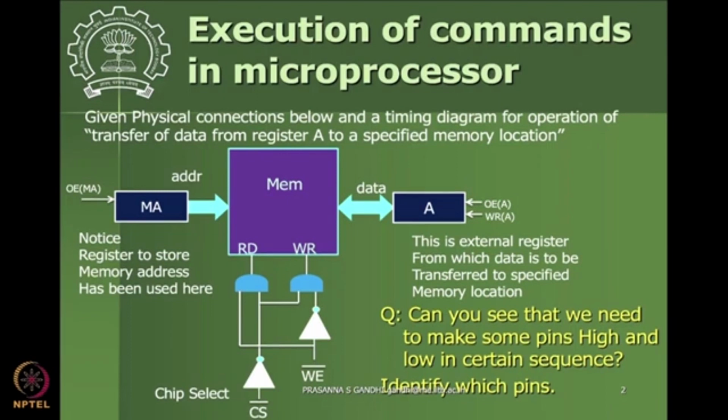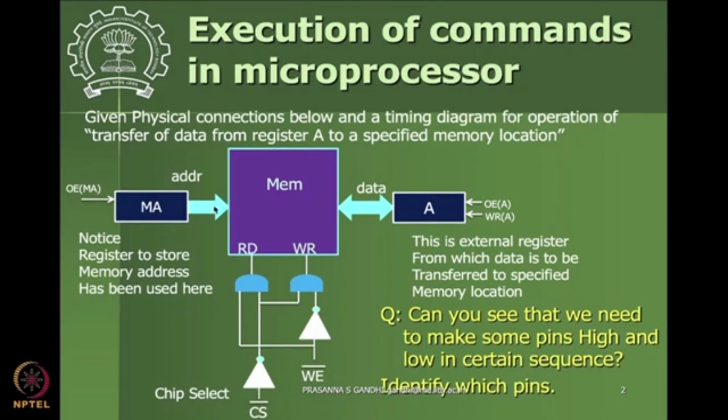Recall that we had this sequence of operations to be performed for getting the data from the external register A transferred to a memory location, where that location is indicated by the address on the address bus, and that address is stored in this register called MA. The sequence of operations would go something like this: the output enable for MA goes high, which takes the data from this register and puts it on the address bus.